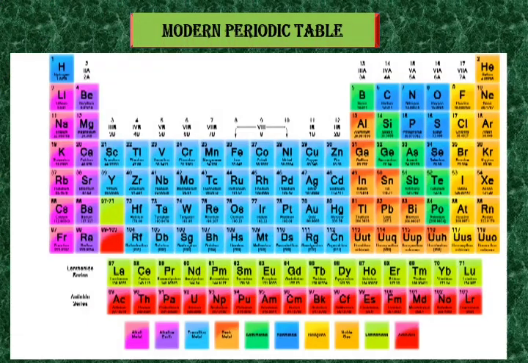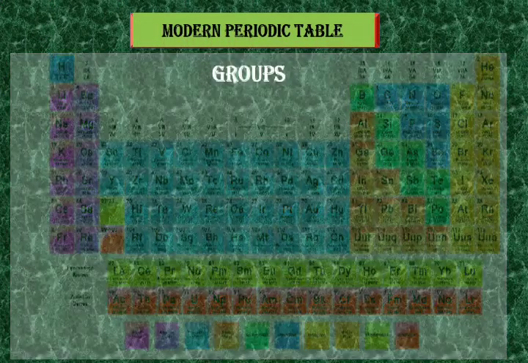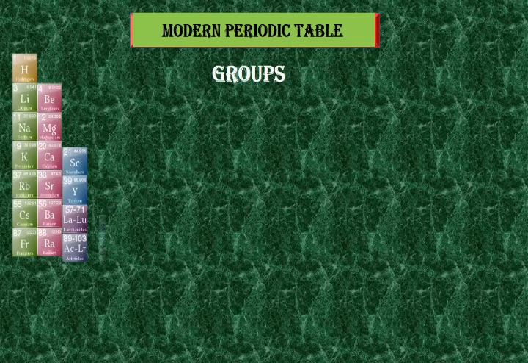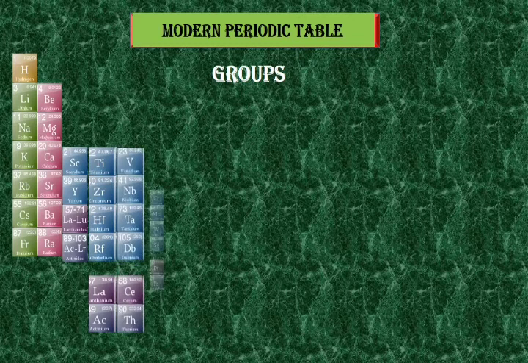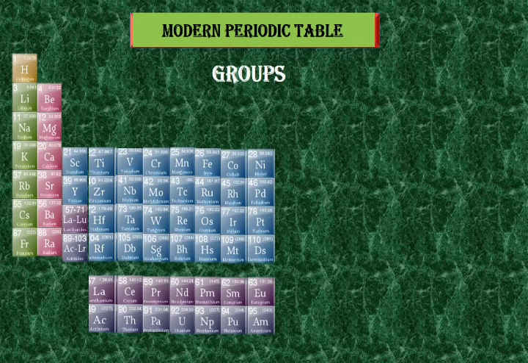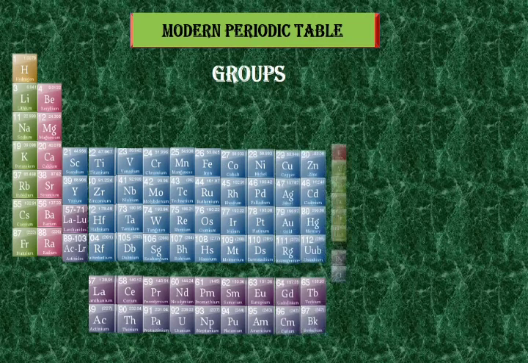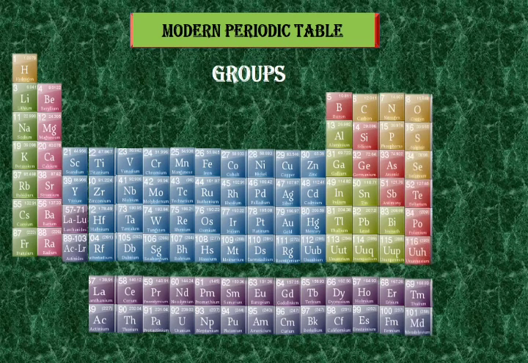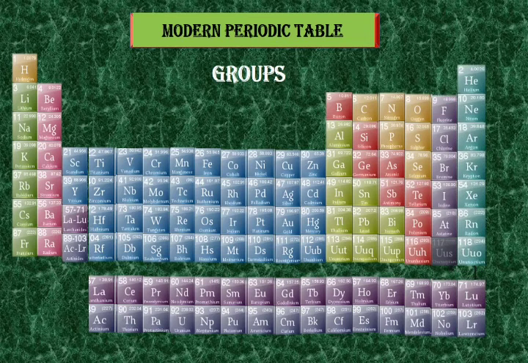The vertical columns are called groups. First group elements, alkali metals. Second group elements, alkaline earth metals. From 3rd to 12th group, they are called transition metals. 13th group elements belong to the boron family. 14th group, carbon family. 15th group, nitrogen family. 16th group, oxygen family. 17th group elements are called halogens. 18th group elements are called noble gases.